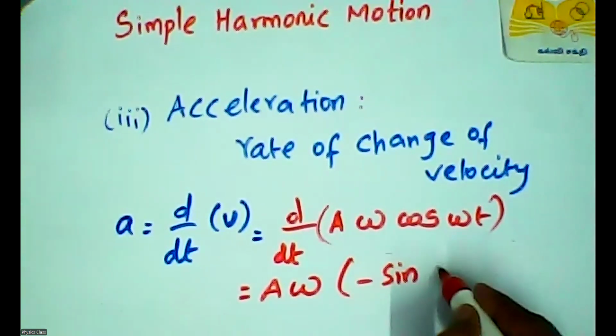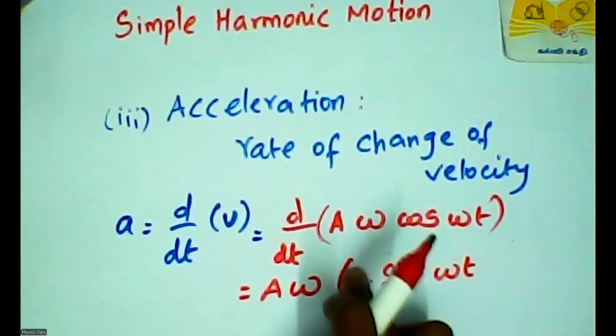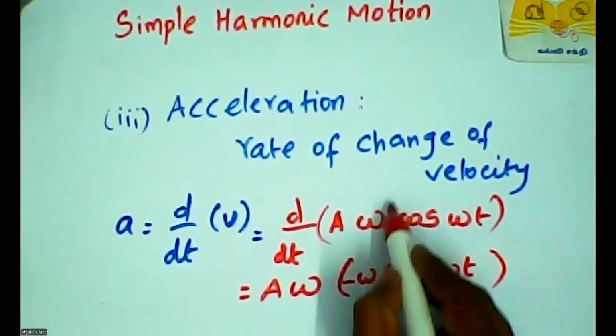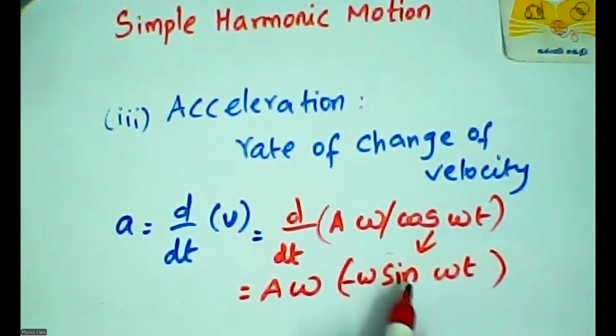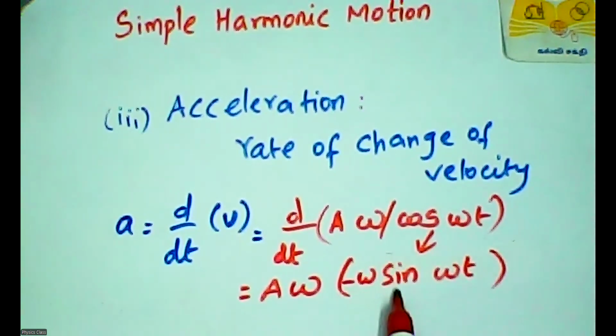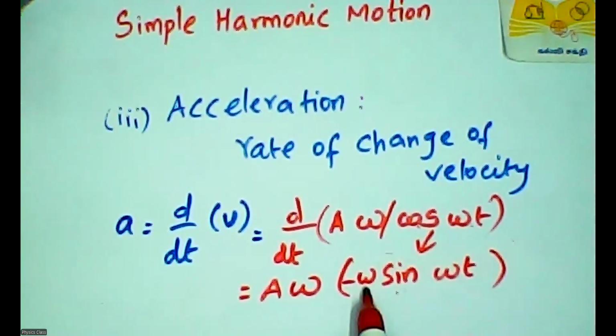And as well as omega t, the differentiation of omega t becomes only omega. So we can put omega here. So cos omega t becomes minus omega sine omega t, because differentiation of cos becomes minus sine, and the differentiation of omega t becomes only omega.